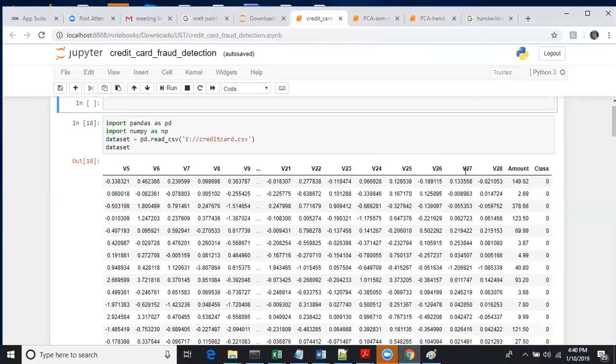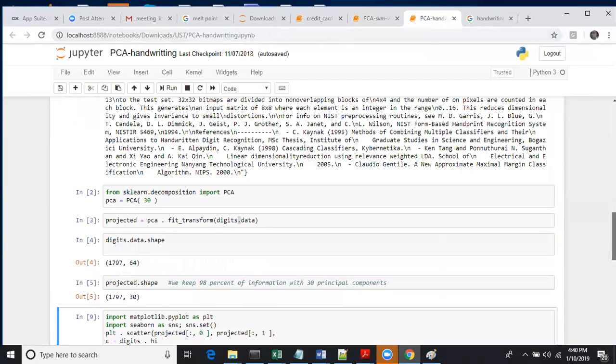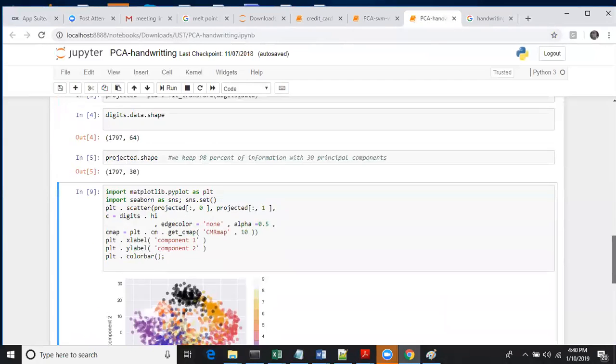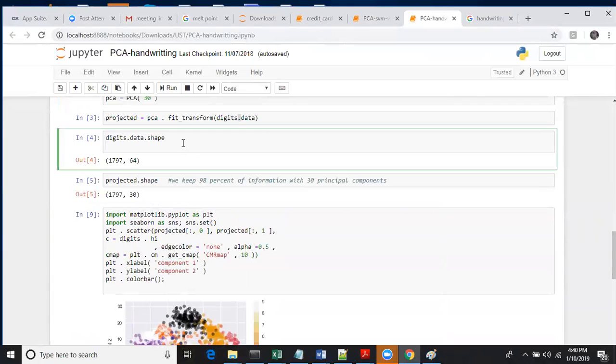Any data you can take and apply PCA, and the data will look like this. Like what we did with the handwriting digits data, right?